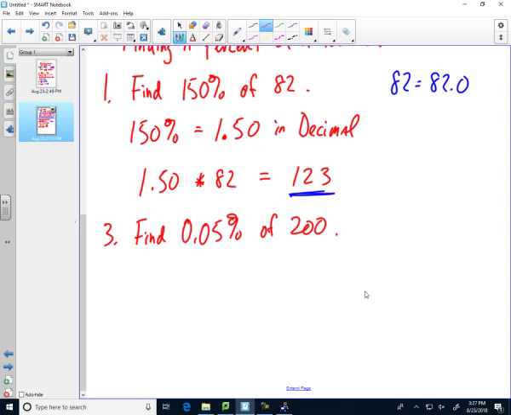You know, the first thing I would do when I see this problem, I'd say, 1% of 200 is what? 2. So 0.05% is going to be a lot less than 2. So if I work this out and get an answer of 34, it's like, uh-oh, somebody goofed like me. All right? So I usually have an idea right off the bat of what kind of number I'm looking at.